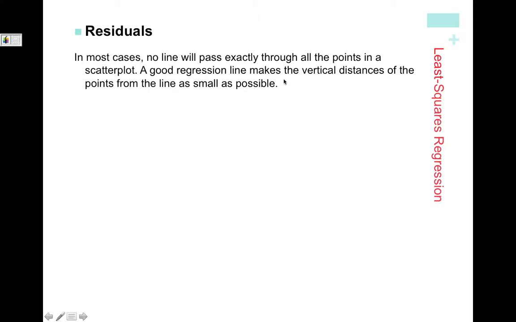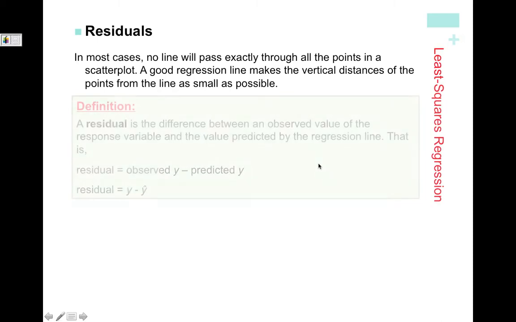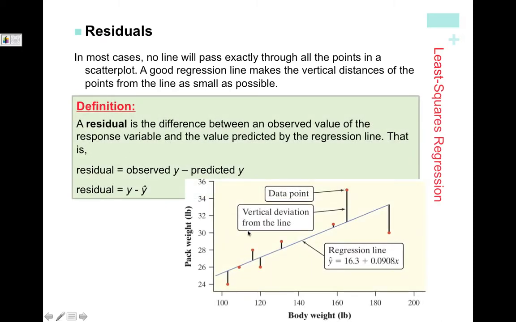A good regression line gets as close to all the points as possible, meaning that it's making the vertical distances of the points from the line as small as possible. And that's what we call the residual. So here are the vertical distances of each point from a regression line.